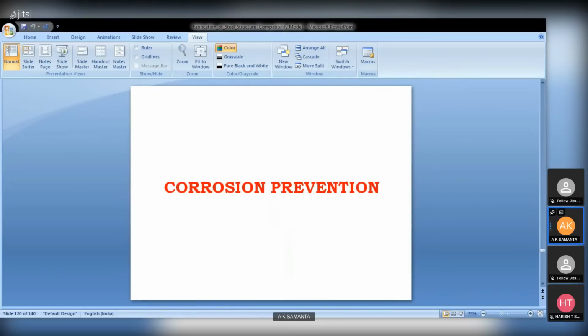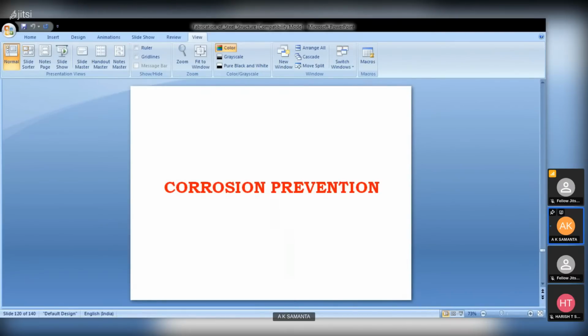When the structure is in the open, it comes in contact with oxygen of the air and moisture. As a result, it is a natural phenomenon that ferrous will again react chemically with the oxygen. Ferrous oxide, FeO, will be formed, and that phenomenon is called corrosion. In this way ferrous is eliminated from the steel, making the steel of poor quality.